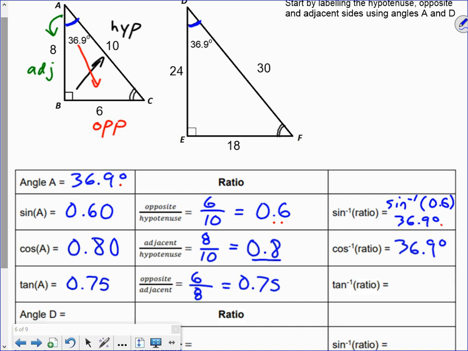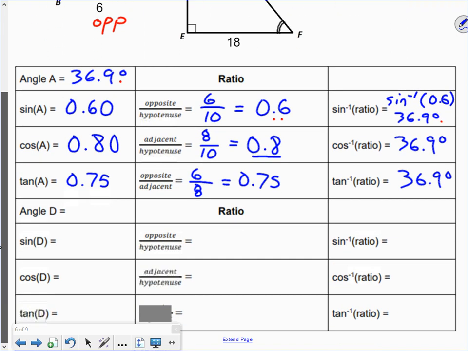And you should be able to do the inverse tangent of 0.75 and get 36.9 degrees back again. So you want to make sure you're able to use your calculator to do these things, because starting in the next lesson, we're going to be using these calculations a whole lot.